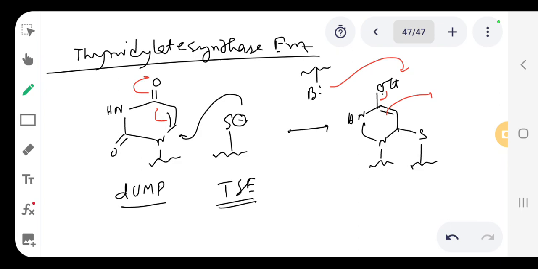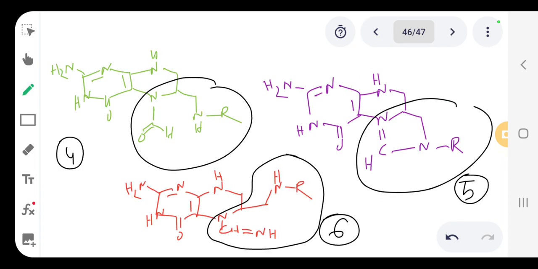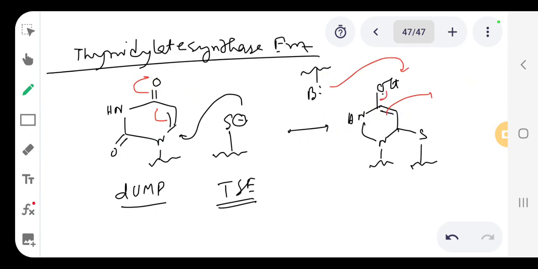How will it look? Let me see. Which coenzyme will we take? Maybe we are taking coenzyme number 5. So you will draw with the color we used earlier, to make you understand more clearly.